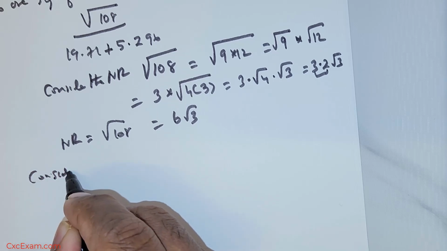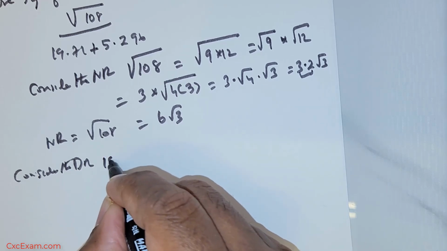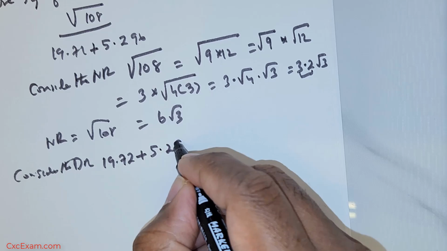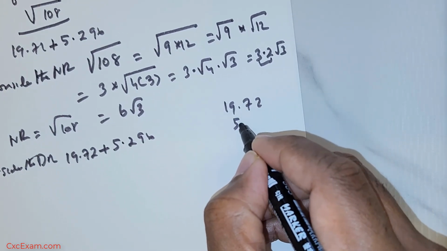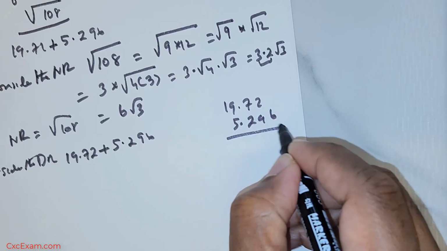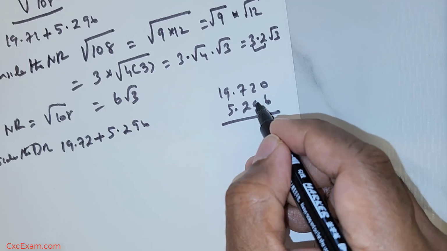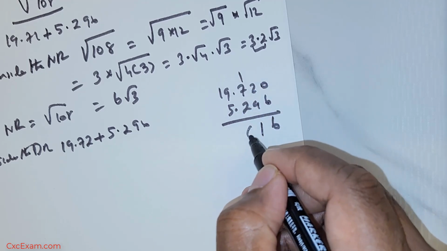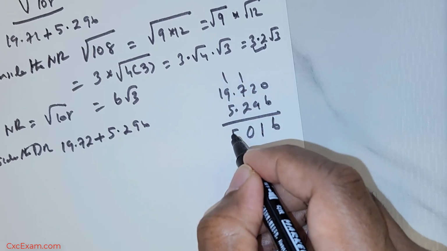Now next you consider the denominator, which is 19.72 plus 5.296. Now you can place a 0 there if you want. So 0 added with 6 is 6. 9 added with 2 is 11, carry 1. 8 added with 2 is 10, carry 1. 10 added with 5 is 15, carry 1.